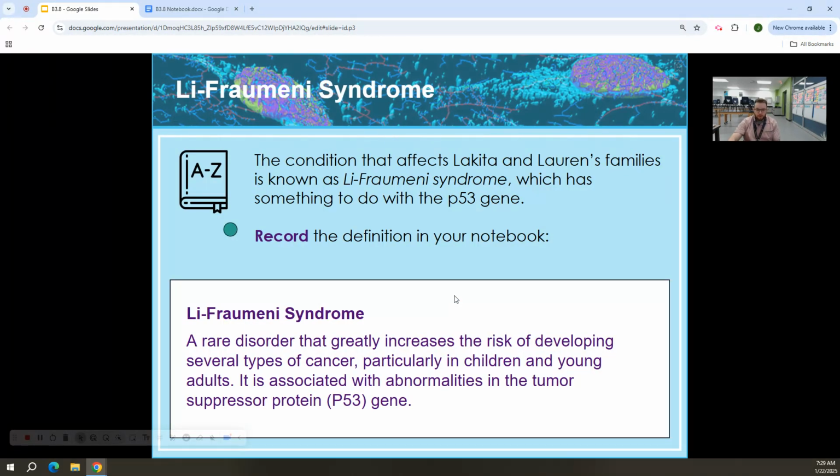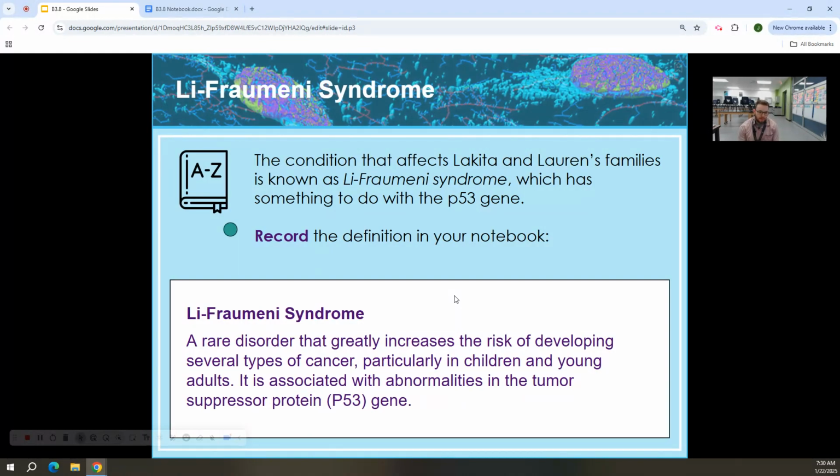Okay, so hopefully we noticed, and maybe we're wondering, what Li-Fraumeni syndrome is. That is the disorder that Lakita talked about having, and we probably don't know a lot about it. We hopefully figured it has something to do with the P53 gene. Here's a quick definition if you want to record it, so you know what Li-Fraumeni syndrome is when it comes up later.